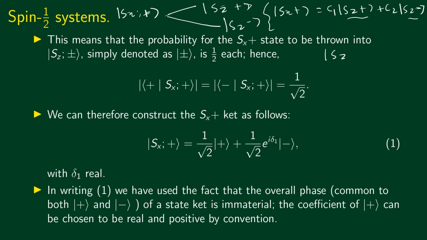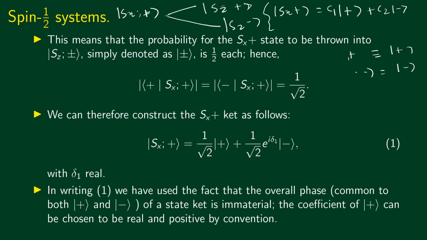For Sz plus, we'll denote it as simply ket plus. Similarly, for Sz minus, we'll denote it as ket minus. So let me write it in this shorthand notation here. This means that I can write ket Sx plus as C1 ket plus plus C2 ket minus.